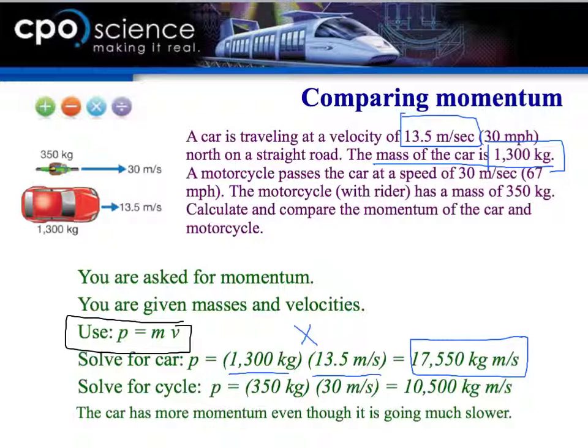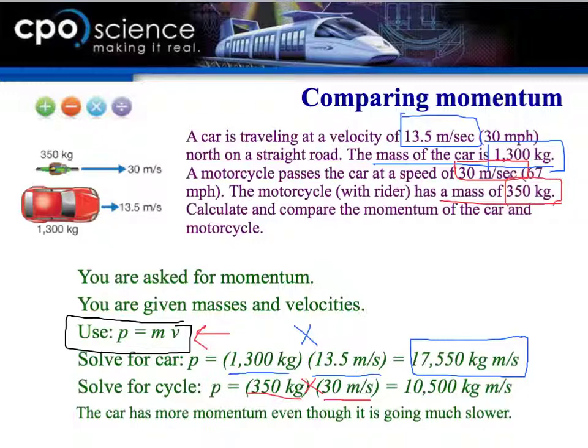Next, you're going to solve the momentum for the motorcycle. So we'll go back to our word problem. Notice that it told us the motorcycle's mass was 350 kilograms, and it was traveling at a velocity of 30 meters per second. Using our equation, P equals mv, we are going to do 350 kilograms times 30 meters per second.